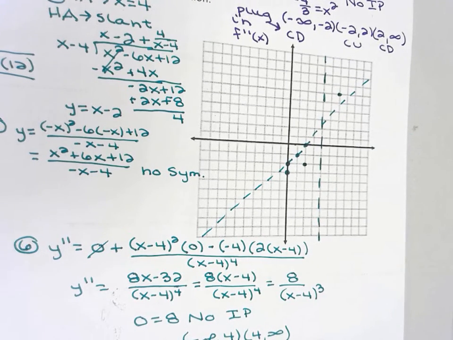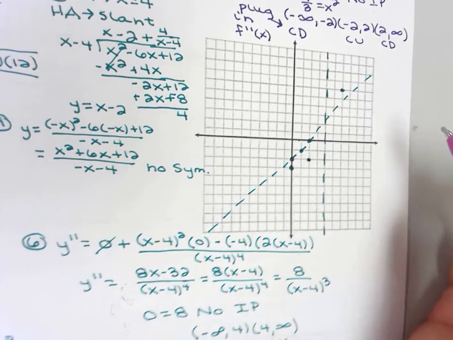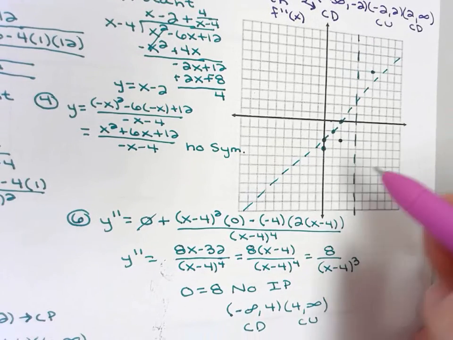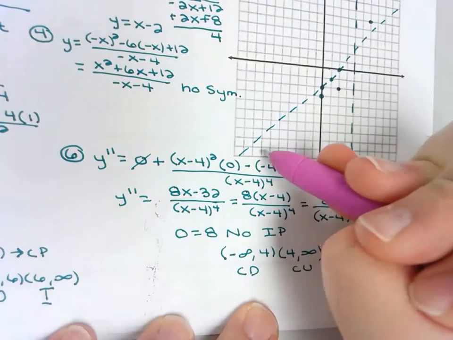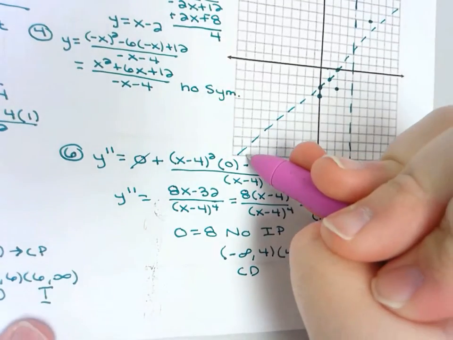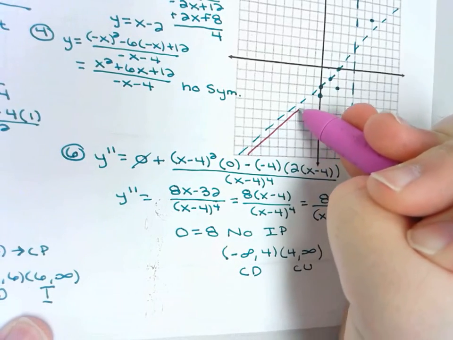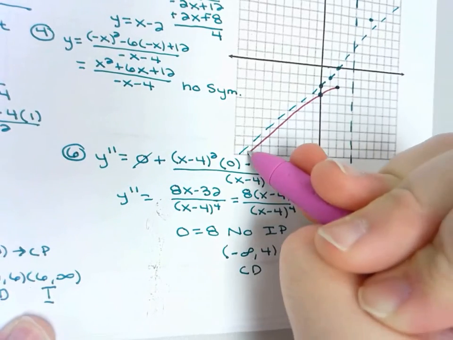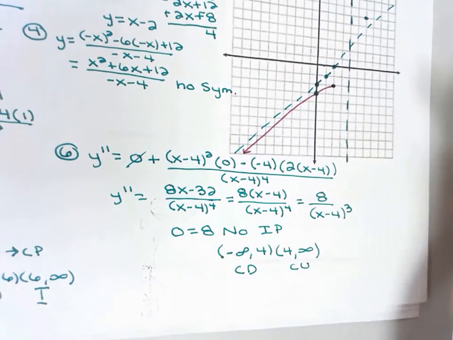So if I graph this real quick, from negative infinity to 2, I am increasing and concave down. So it should be approaching the asymptotes.